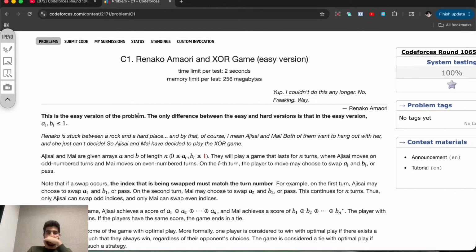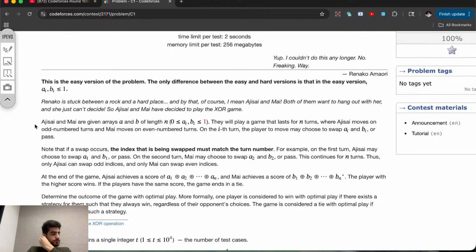It is the easier version. The difference between these two versions is that in this easy version, A_i and B_i are at most one. It says that Renako is stuck between a rock and a hard place. Both Ajisai and Mai want to hang out with her and she just can't decide.